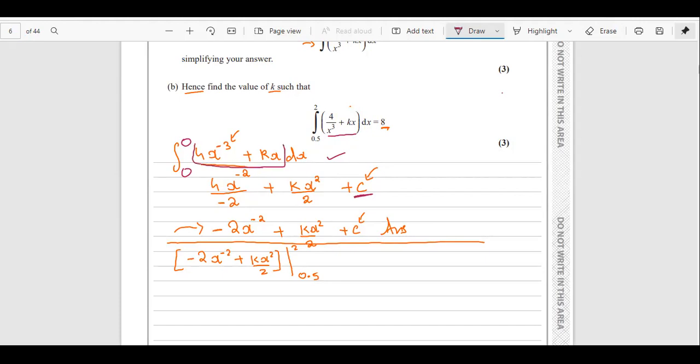And once we have integrated it till here, since we have limits, whenever we have limits, we call it a definite integral. We don't write this C, okay? So we will just write our answer till this part and then the limits 2 and 0.5. Okay, I'll rub this again and I'll explain this in a better way.